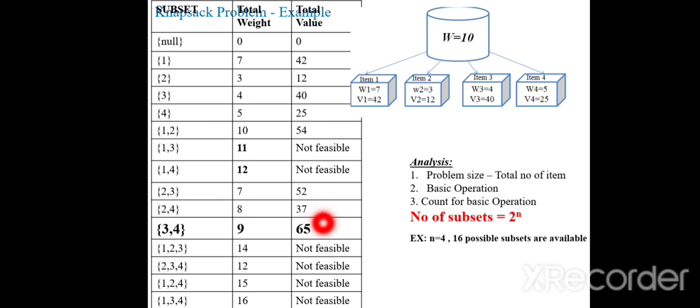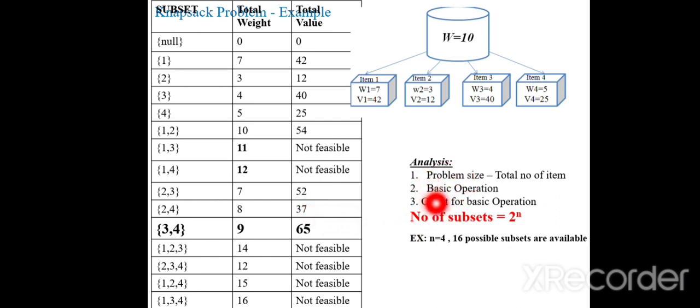The most valuable subset is 3, 4 with the total weight of 9 and total value 65. When compared with all the other values, 65 is the maximum and the total weight 9 doesn't exceed our knapsack capacity. So this is our ultimate solution: the most valuable subset is item 3 and item 4 with total weight 9 and total value 65.